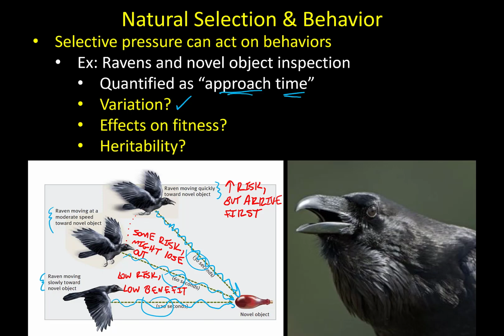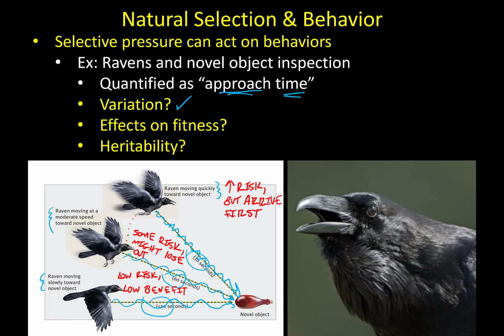Let's say the novel object is a food source. Okay? The raven that's moving quickly, if they don't get killed or grievously harmed by the new object, they're going to get that food source, wind up being healthier, happier, having more babies. Or they're going to be dead if it's something dangerous, in which case their fitness drops to 0. The slow-moving bird, if we go to the opposite extreme, it's going to live a long, happy life, but it may not have access to as many benefits or as many food sources.